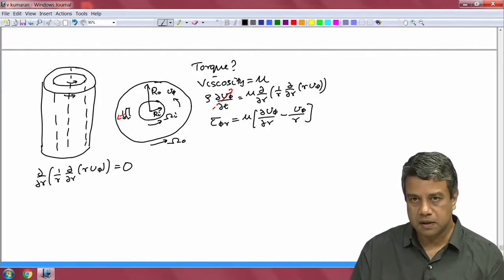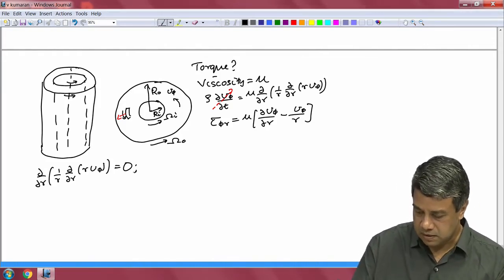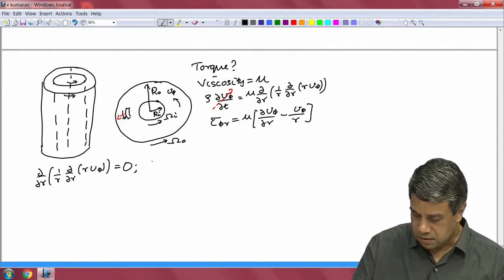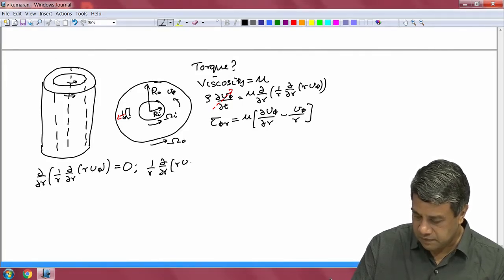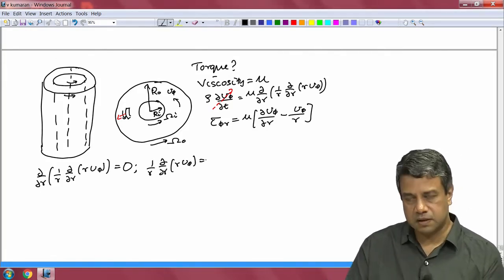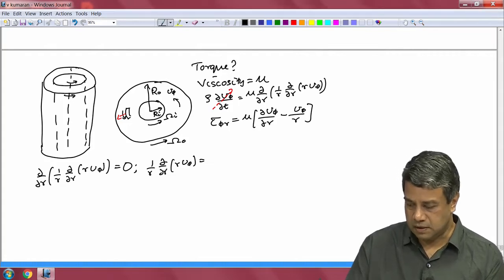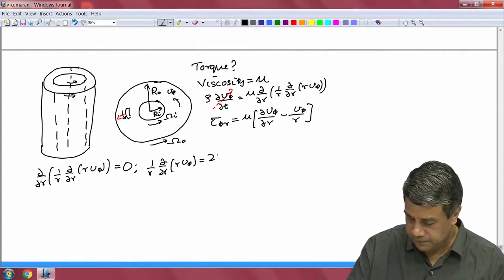Integrate once, and 1 by r d by dr of r v phi is a constant. I will call that 2a.